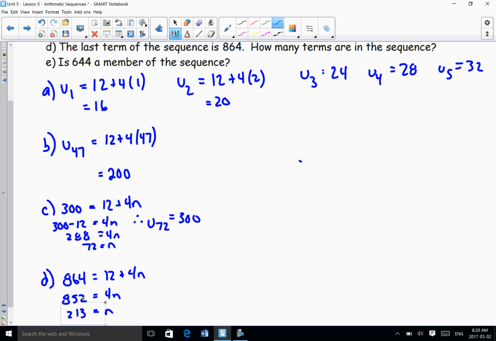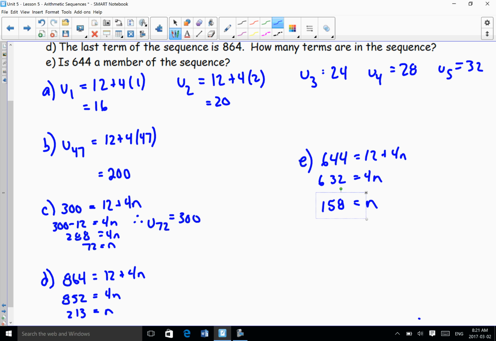And then we'll try E. So is 644 a member of the sequence? Well, if it is, we can figure out what term number it is. So the same kind of idea all over again. We're going to solve this. We'll get 632 is 4n. When I divide this, 632 divided by 4, I get 158.